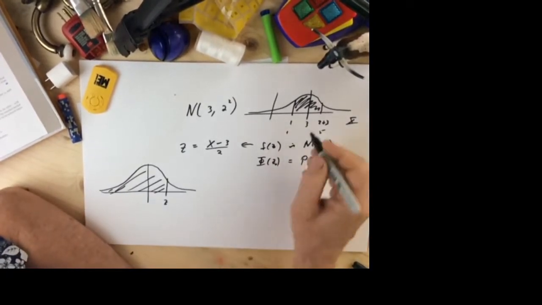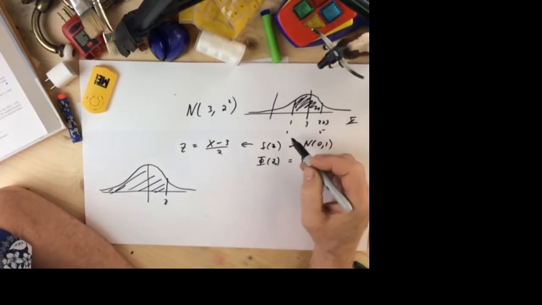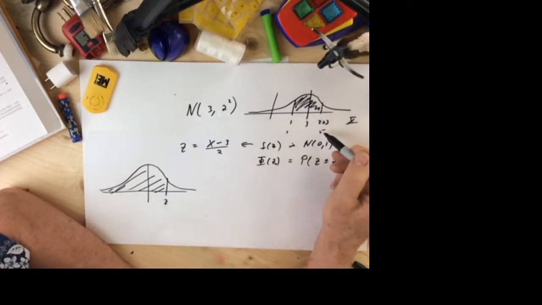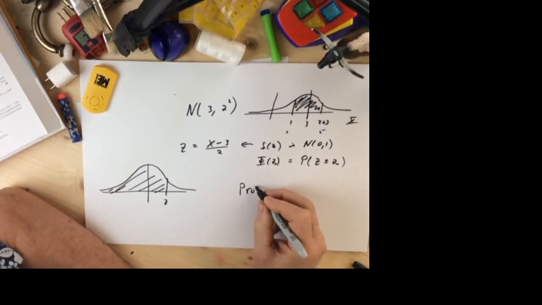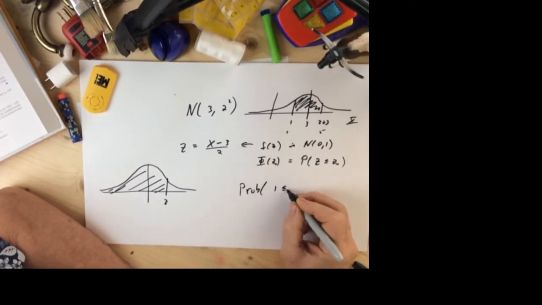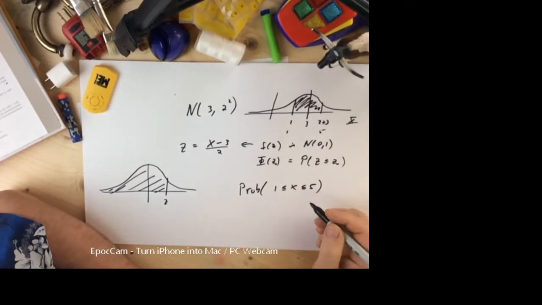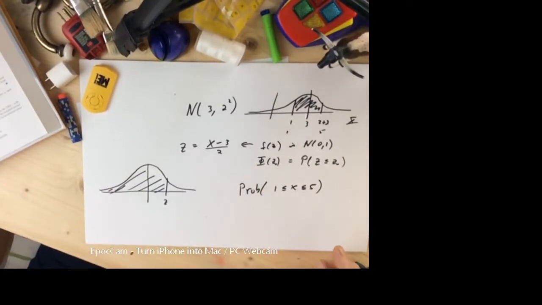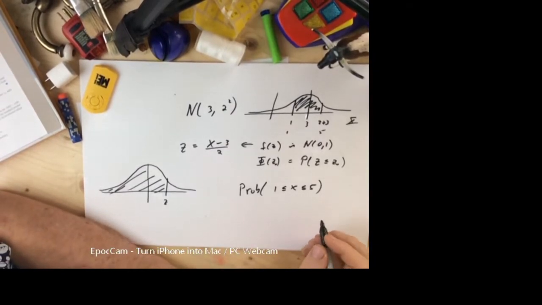So, if I want to calculate the probability of the variable x being between 1 and 5, which is the area under the function from 1 to 5, I just normalize it. I observe that the probability that 1 is less than or equal to x is less than or equal to 5. Well, what happens if I use this normalization variable? I can change this very simply.